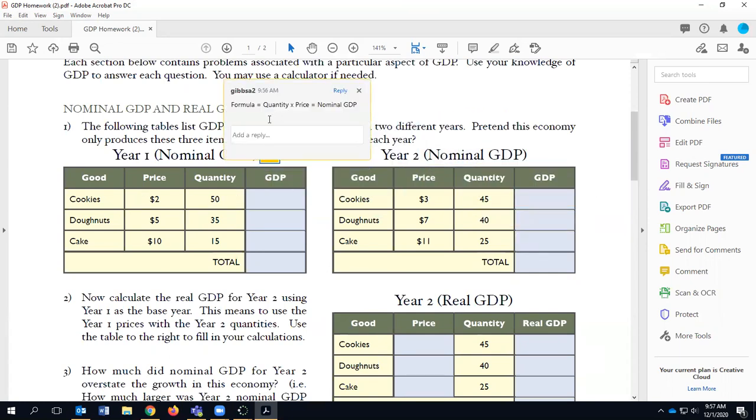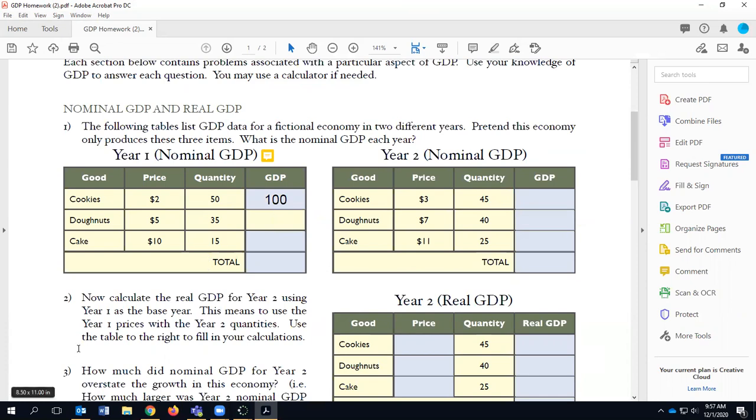So if our formula is quantity times price, 2 times 50 is what? It's 100, right? 5 times 35. I have to pull out my calculator too. Is that what it is? Yep. And then 10 times 15. That should be 150. And now we're going to add those 3 numbers together.